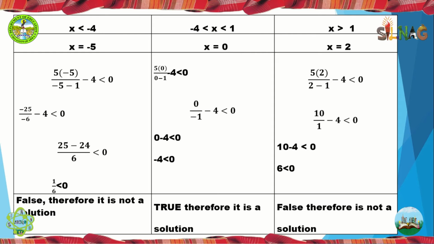Then next, we have the third interval, x is greater than 1. Let us use 2 as the value of our x. We substitute 2 in the given inequality. So 5 times 2 over 2 minus 1, minus 4 is less than 0. 5 times 2 is 10, over 2 minus 1 is 1, minus 4 is less than 0. 10 divided by 1 is 10, minus 4 is less than 0. 10 minus 4 is 6, so is 6 less than 0?